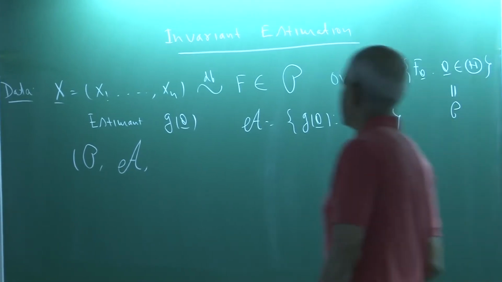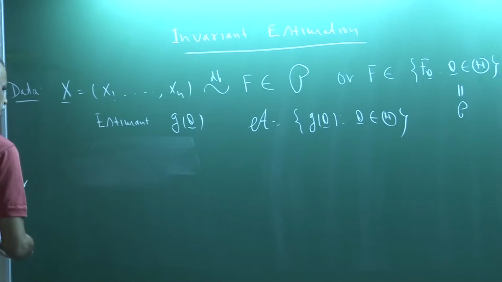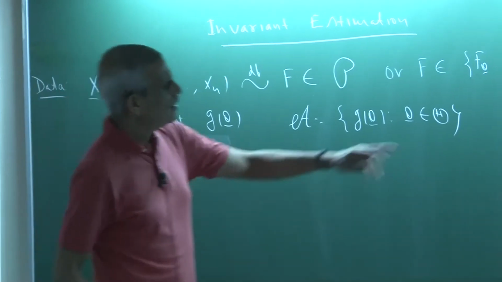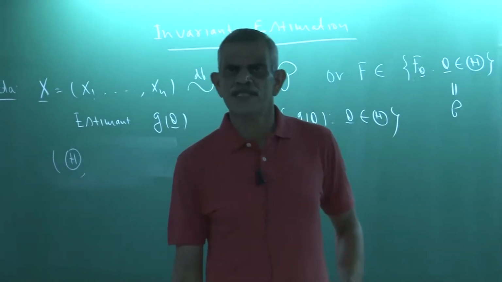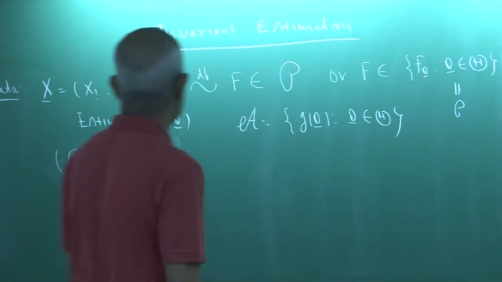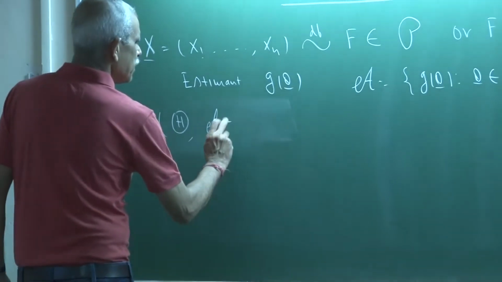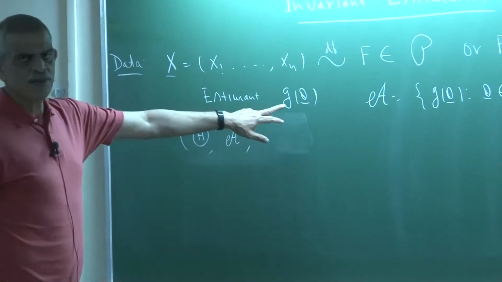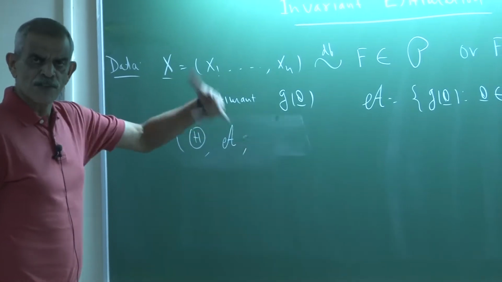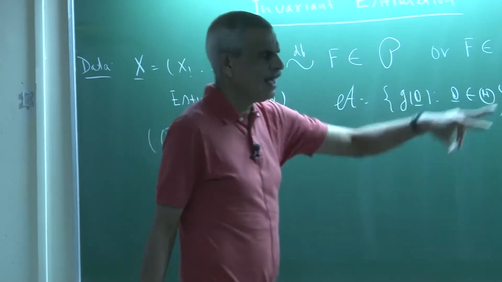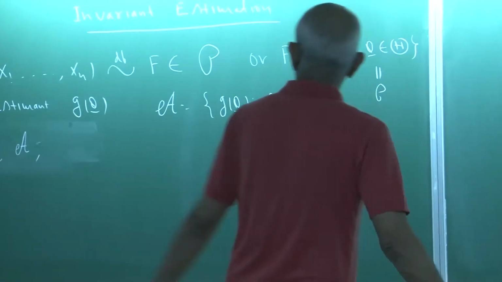I just write theta, which we call the parametric space, because it determines the distribution under consideration, since the functional form of f theta is known. Then you have the action space, because you are trying to estimate g theta. So, what should be your estimate? The estimate will be one of the values of g theta as theta varies over capital theta.